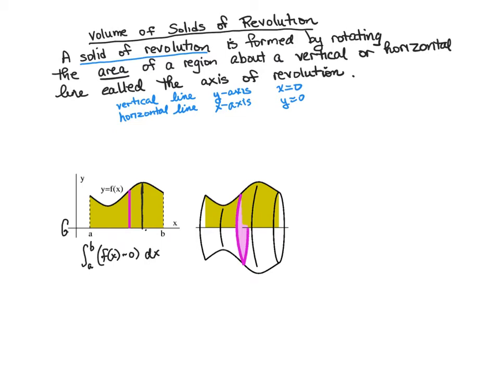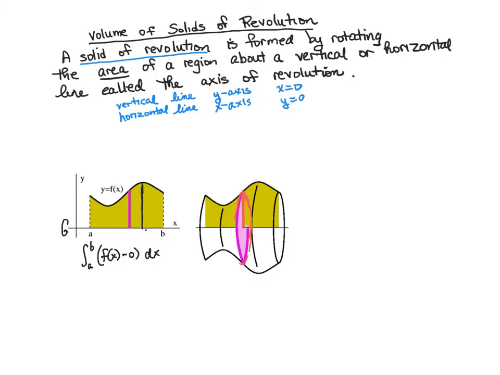And if you notice, this rectangle, which was originally in pink, I'll put it in red, when it's rotated, swings around out toward us and back behind us, and it forms what looks like a record, or what's called a disc.